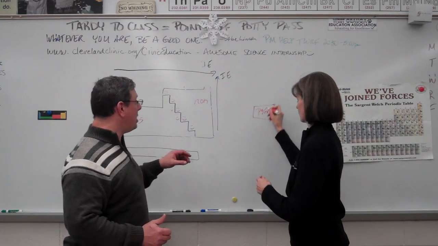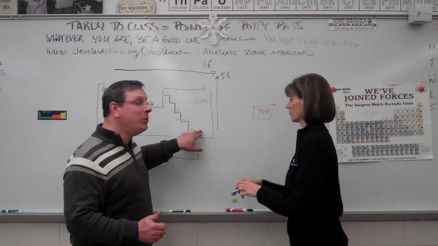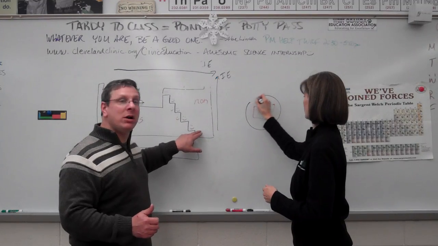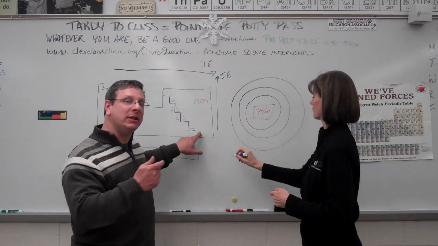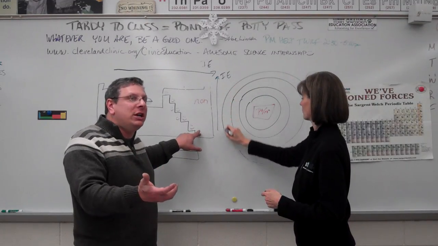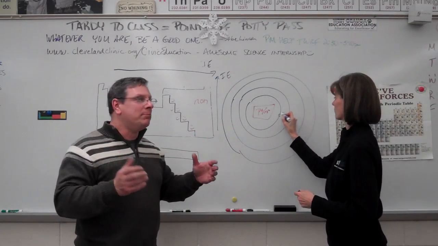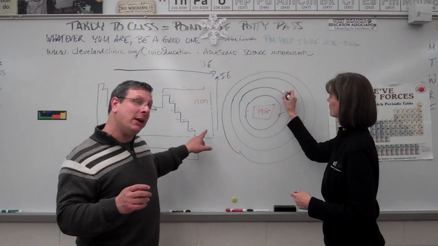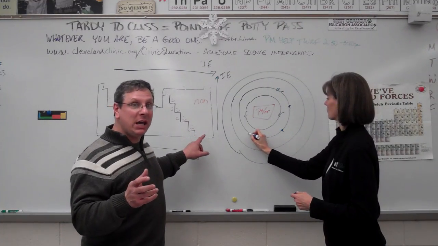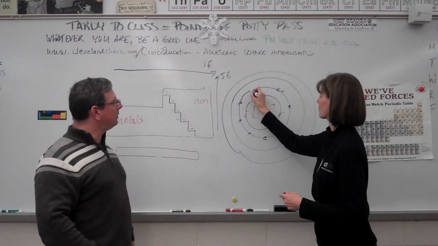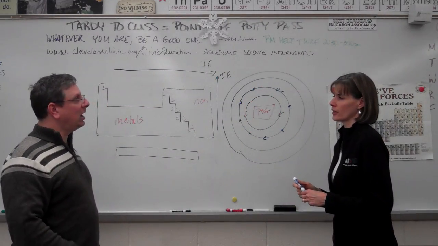Let's say it costs 10 units of energy to pull one electron away from this one. What if we want to pull a second electron away? How many units of energy in general might that cost? Is it going to cost only 8 or 9? Or is it going to cost 15 or 20? What do you think? To take another electron away?